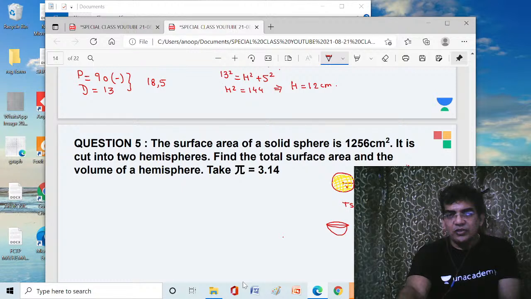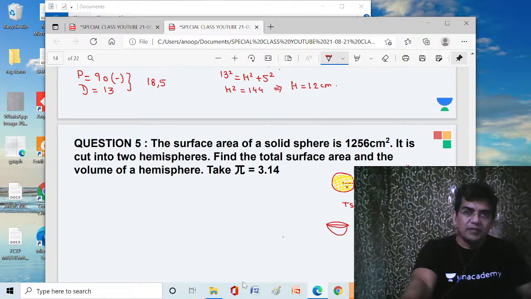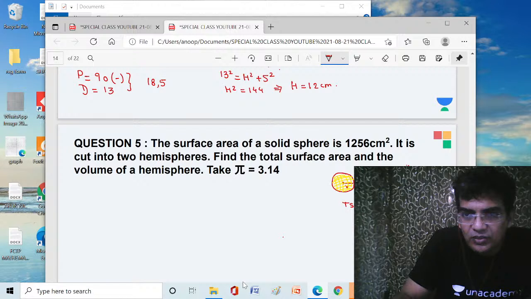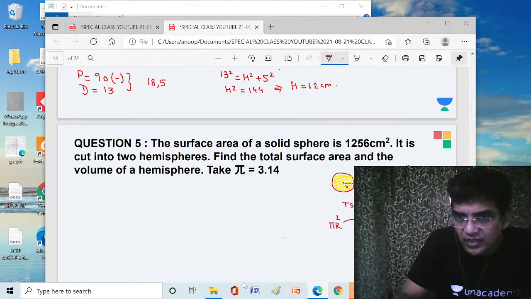Now if I ask you how many surfaces a hemisphere has, I am removing one hemisphere because you are going to use the same formula for both. You will say it has one surface which is called the circular surface, pi r square is its area, and one curved surface. This curved surface is half the curved surface of the sphere, that is 2 pi r square.